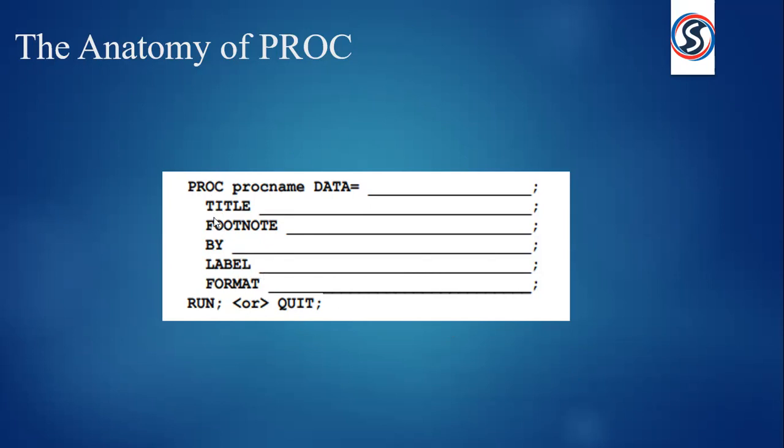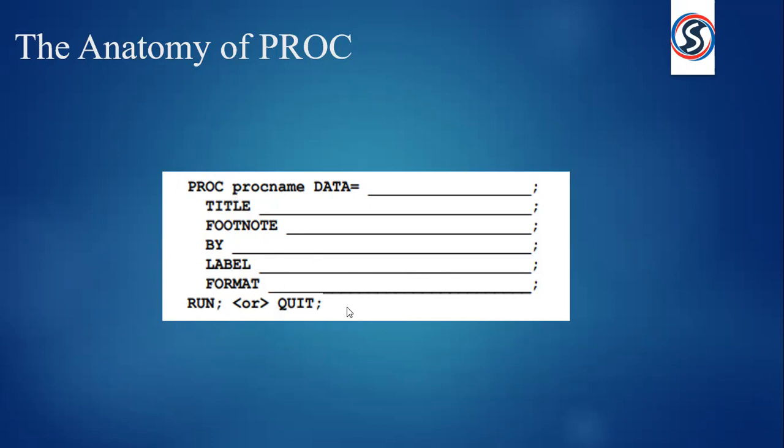What is a PROC statement? Anything starting from a keyword and ending with a semicolon is one statement in SAS. When it comes to SAS, you should understand that a SAS program consists of steps and statements. A step starts from a keyword like PROC and ends with run or quit.